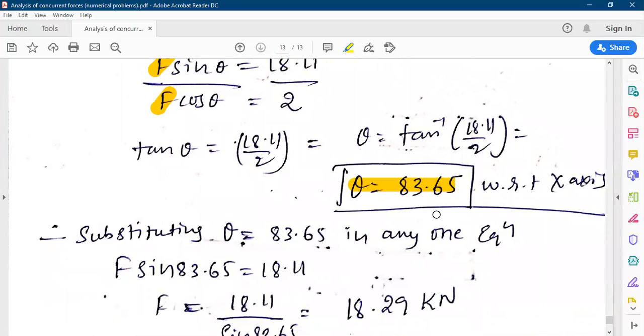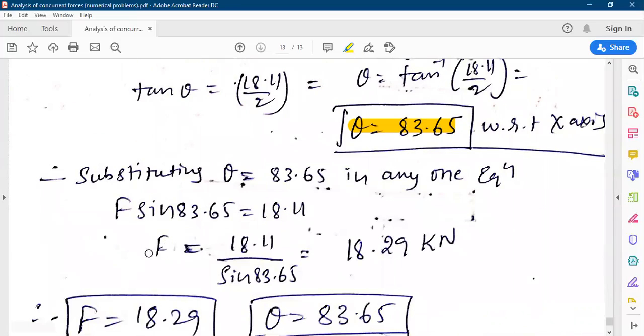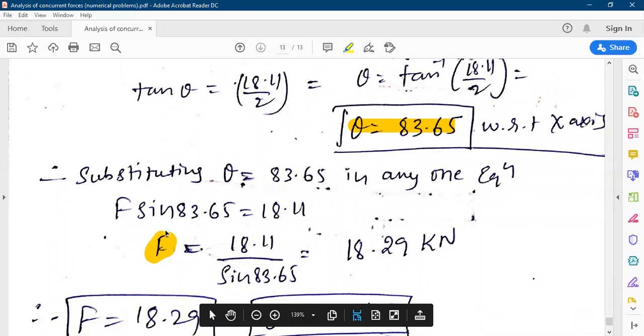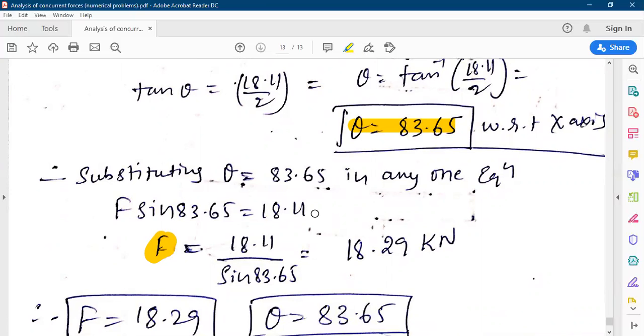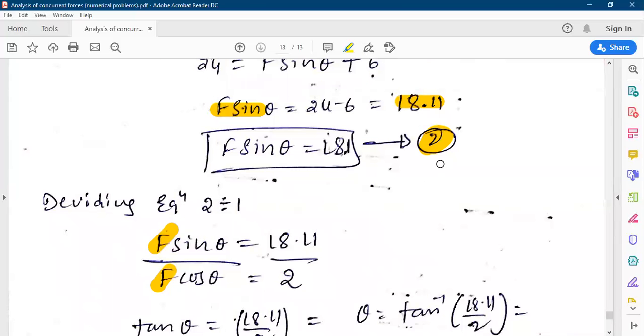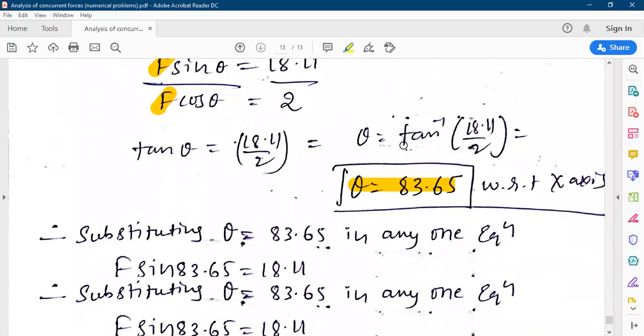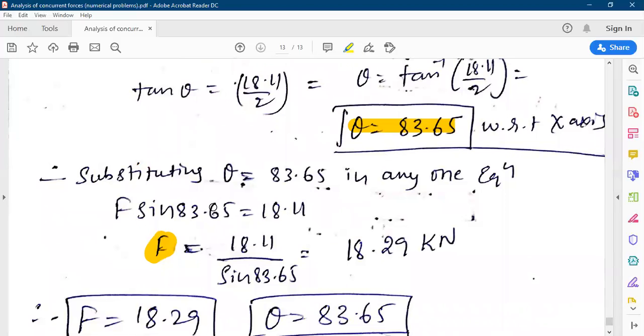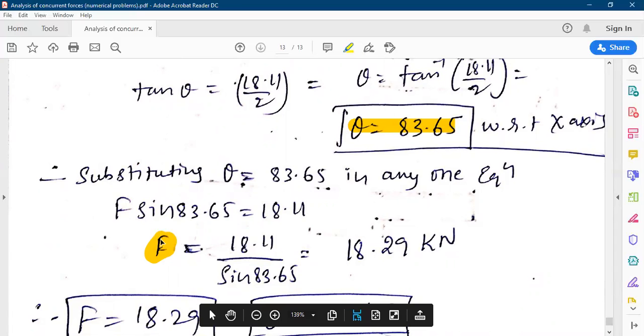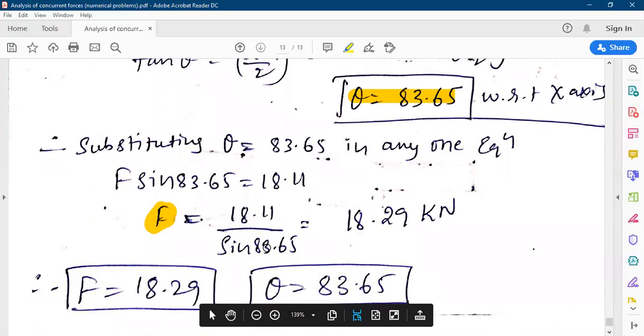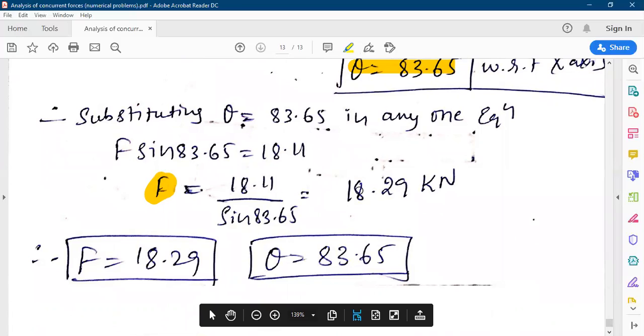Substitute this theta in any one of the equations so that you can get the unknown force value F. Using equation number 2, F sin theta is equal to 18.11, where theta we have calculated as 83.65, right? So F is equal to 18.11 divided by sin 83.65. So F will be equal to 18.29 kilonewton.